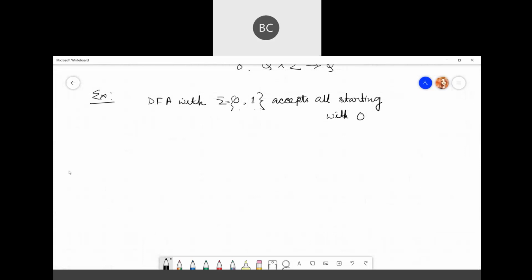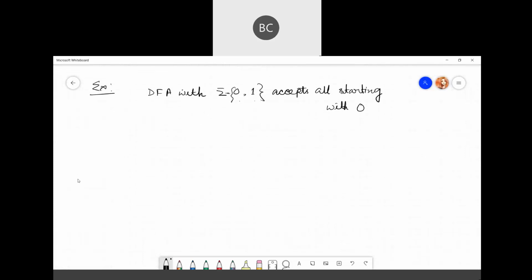Okay. So what you have to do in this case is, from the condition, you have to find out what could be the possible strings. Okay. So your input symbols are given, 0 and 1, and it's written all strings starting with 0. So what can be the possible strings here? Possible strings starting with 0.